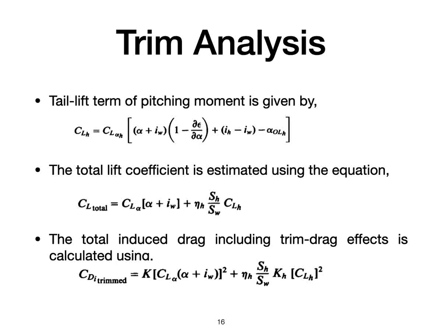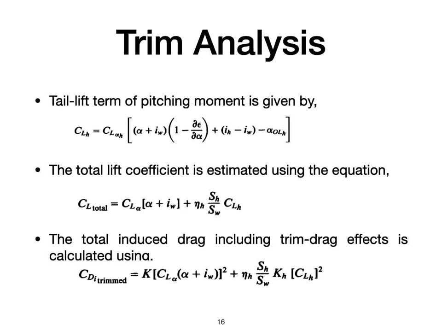For the arbitrarily assumed angle of attack and elevator deflection, the total lift coefficient CL total can be estimated using the equation CL alpha into alpha plus IW plus eta H into SH by SW into CLH.